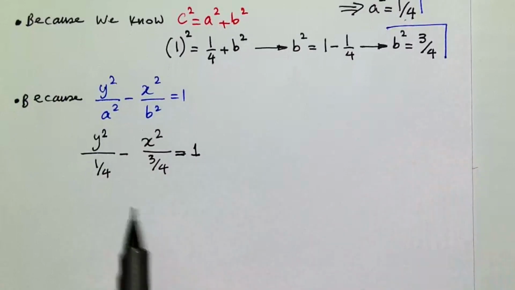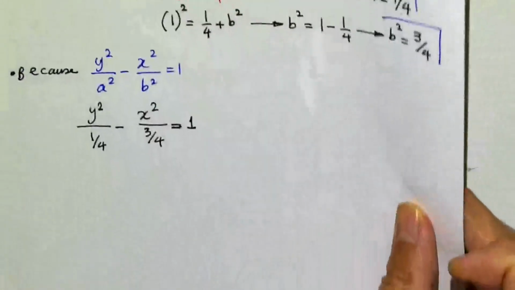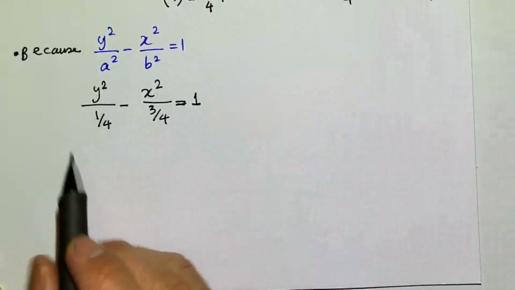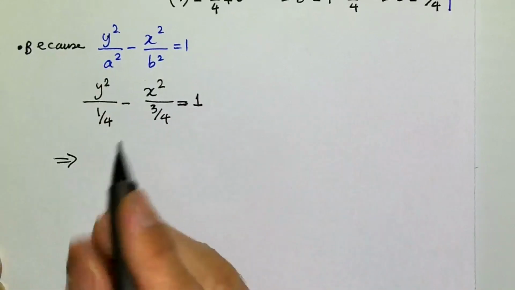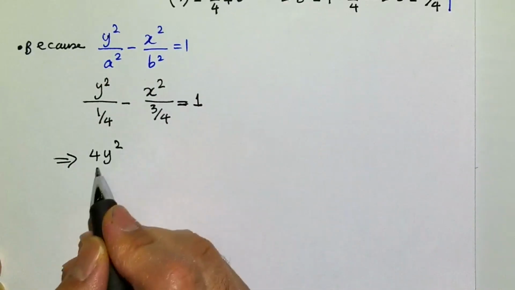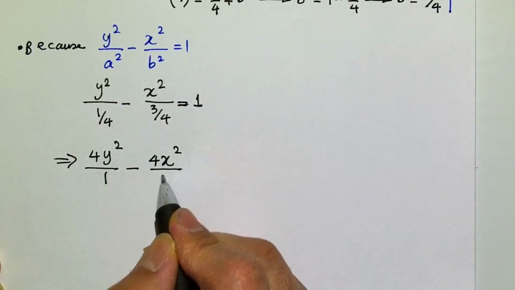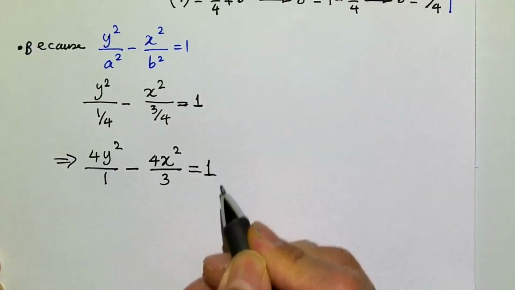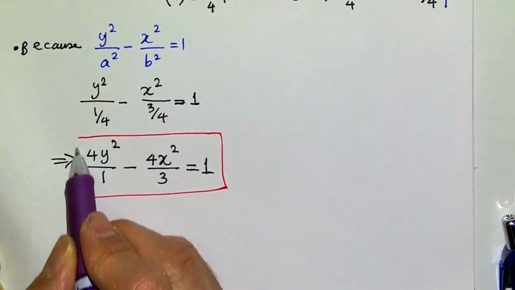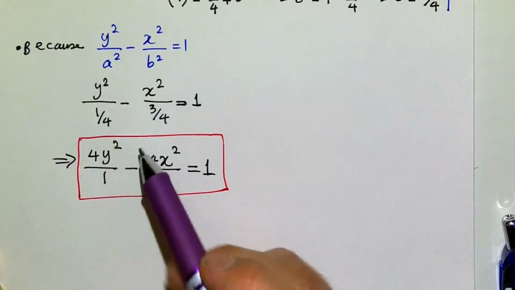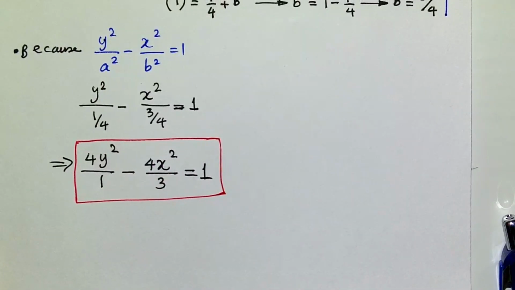Let's simplify this a little bit. This is a complex fraction. Simplifying it, we have 4y squared over 1 minus 4x squared over 3 equals 1. We don't have to write the 1, but I just wrote it to be clear what we're saying after simplifying that complex fraction. So that's the equation of the hyperbola we were looking for.